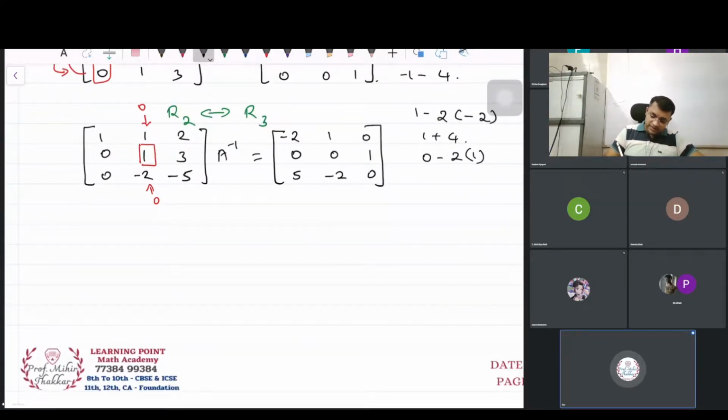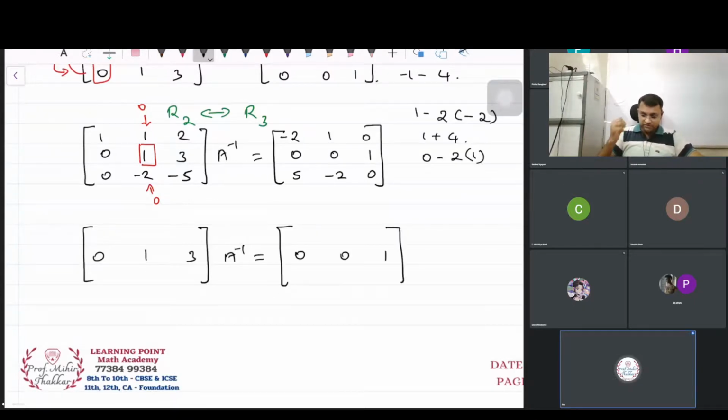Now I know that I don't have to make any change in the second row because I have to use that row to make the changes in the remaining two rows. So I have just copied down that. In order to convert this element into 0, can you please try and tell me the transformation? Anybody quickly? R1 changes to what? Come on guys, give it a try.